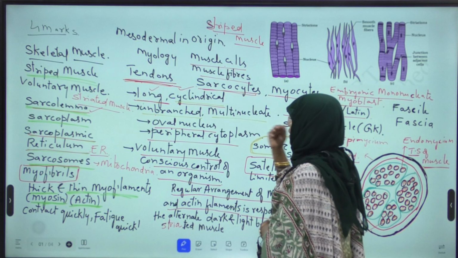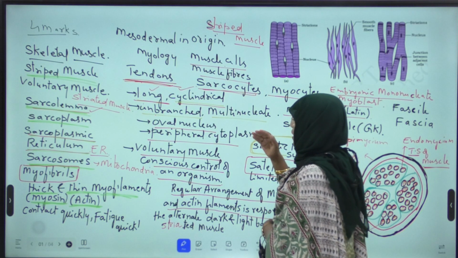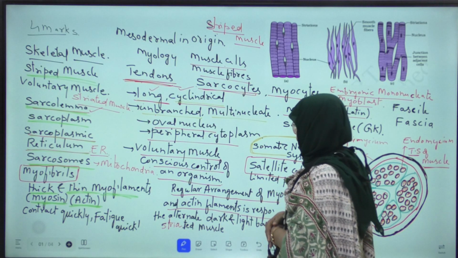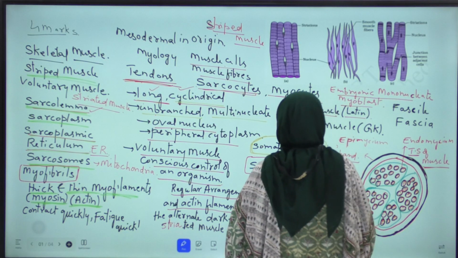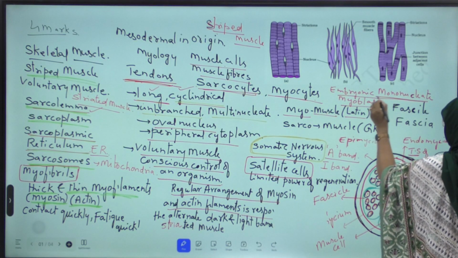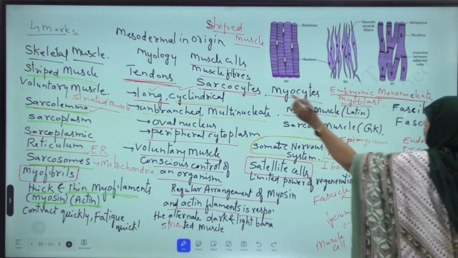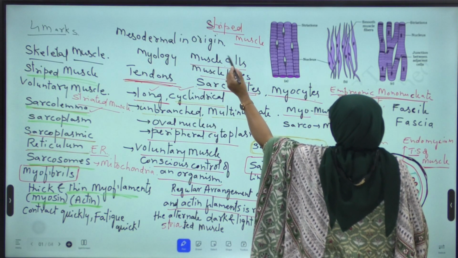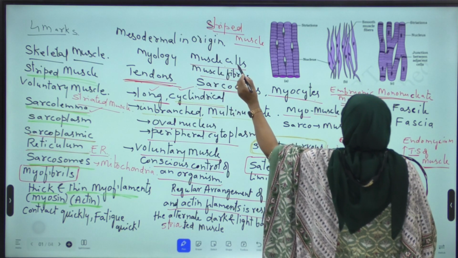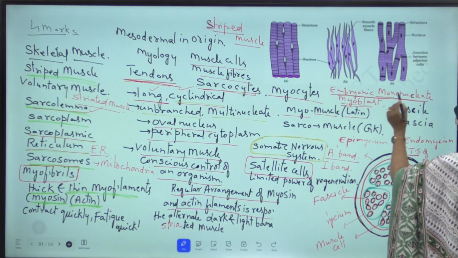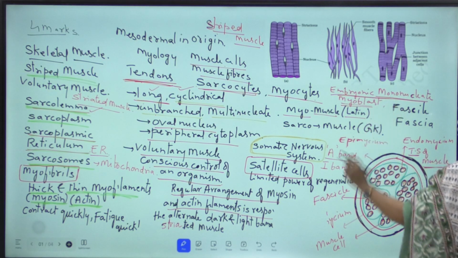Why is this striped muscle cell multinucleate? Because skeletal muscle cells are formed by the union of many embryonic mononucleate myoblasts.